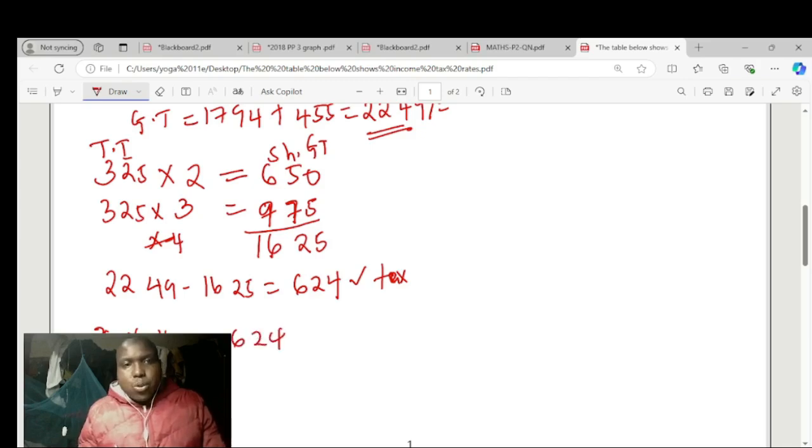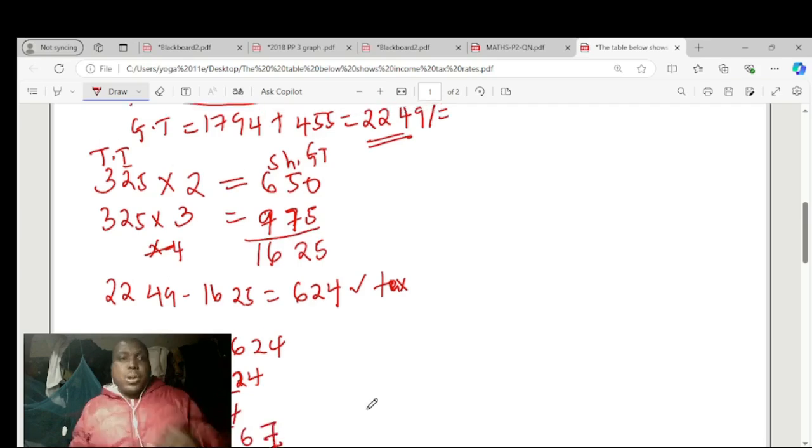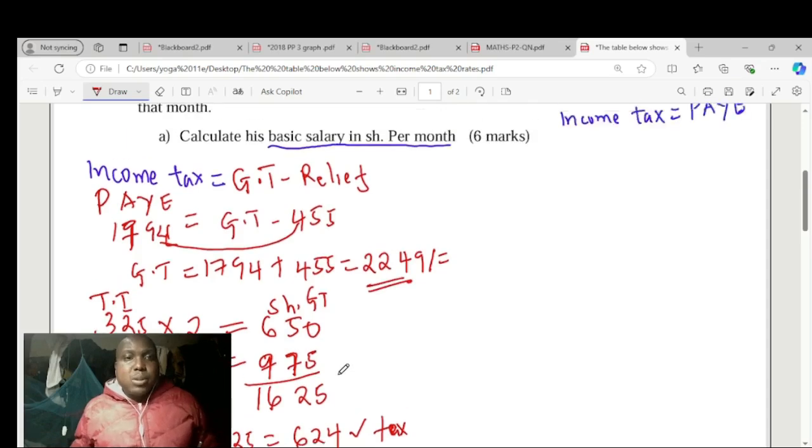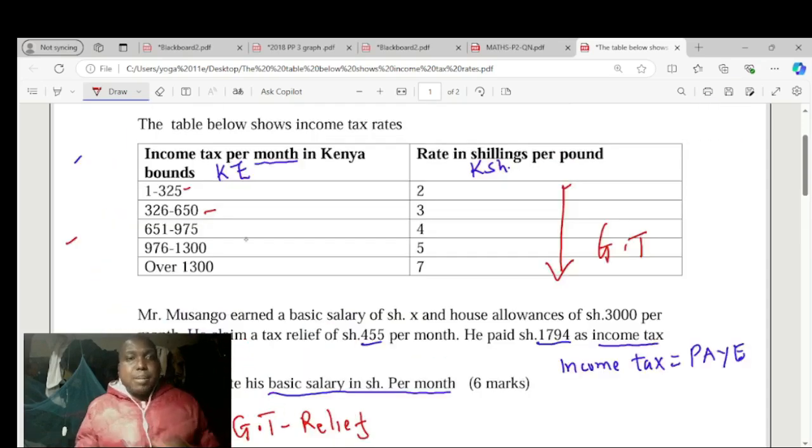So 4x is equal to 624, divided by 4. So x is equal to 156. And this one is in Kenya pounds. Remember, whatever we have here on the left side is in Kenya pounds. 325 is in Kenya pounds because our table was in Kenya pounds. Remember that.